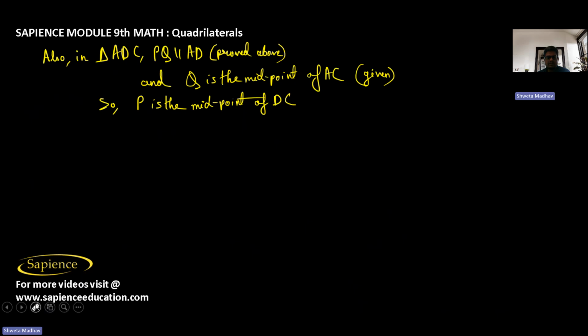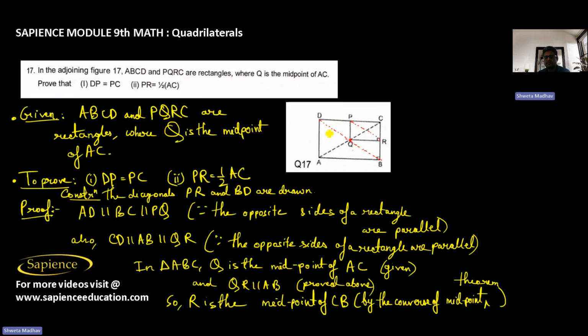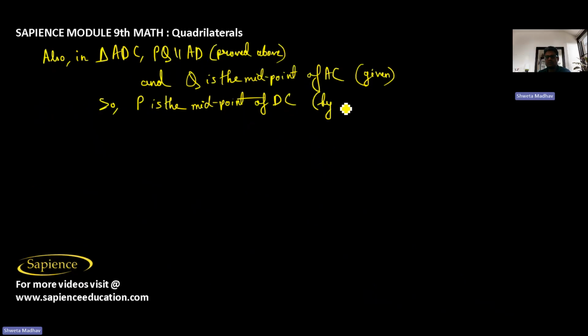So now here P is the midpoint of DC by using the converse of midpoint theorem.